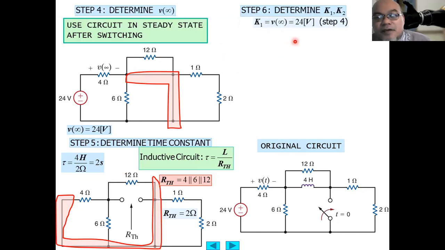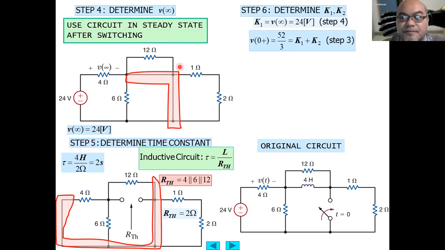Now we determine K1 and K2. K1 will be equal to the voltage at infinity, which we have calculated here: 24 volt. The voltage at 0 plus, the initial value, equals 52/3 volt, which we calculated in the previous slide.